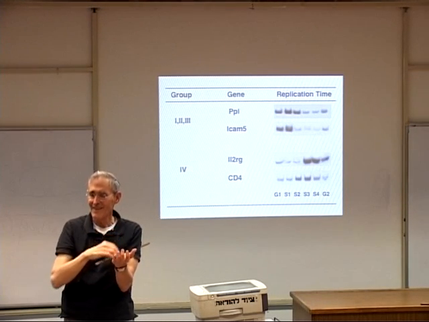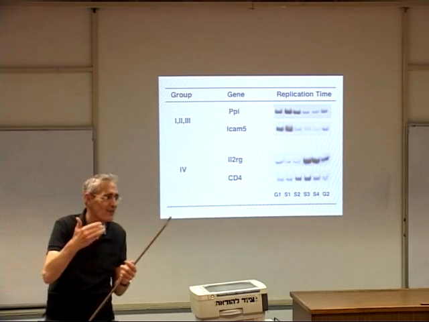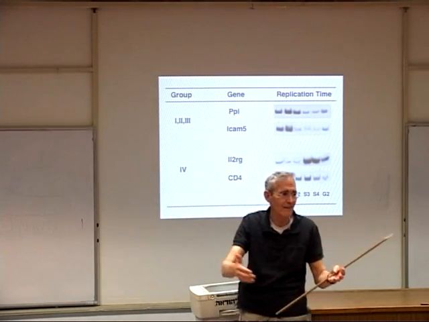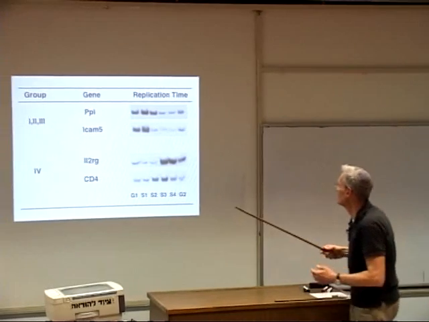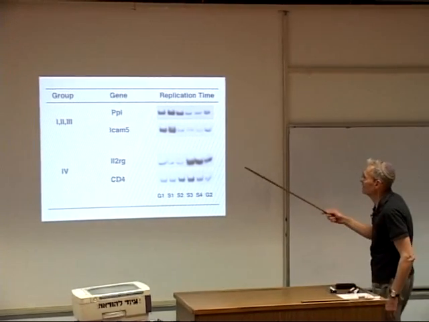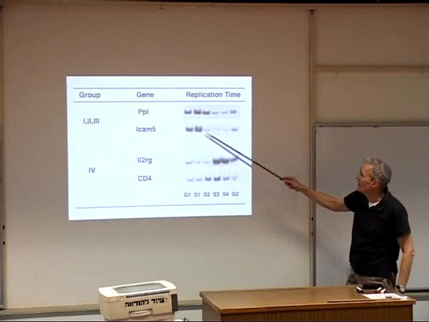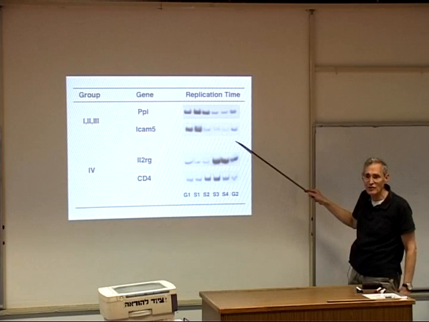Okay? So now what you do is you take these fractions and you assay them for a specific gene. You can do this by blotting. You can do this by PCR. And you get results that look like this. So here's a gene, let's say ICAM5, and I don't remember what cells these are. But here this S phase has been broken up into 6 fractions.